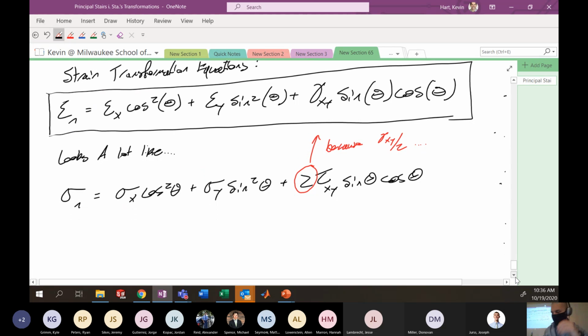You may also see the double angle form of this, which is the following.